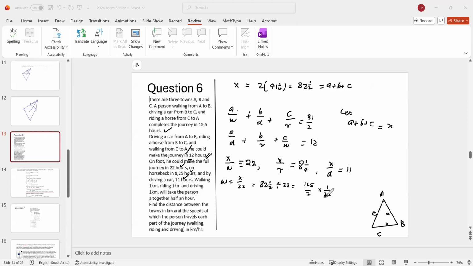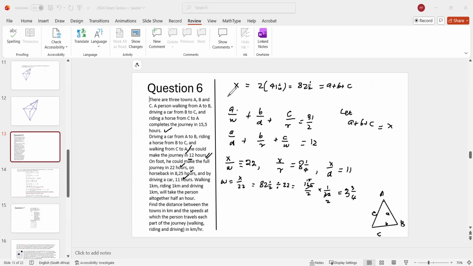And blissfully, 11 goes into this. 2 times 11 goes into that, 15 times. So you got 15 over 4, which is 3 3/4. So you got W is equal to 3 3/4.